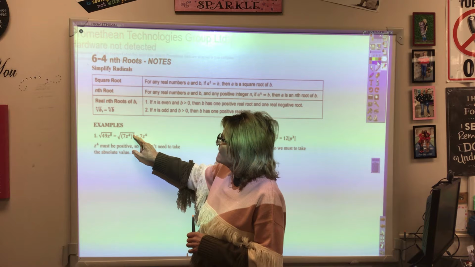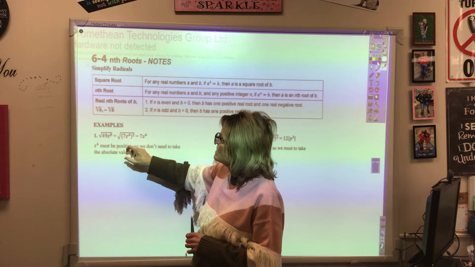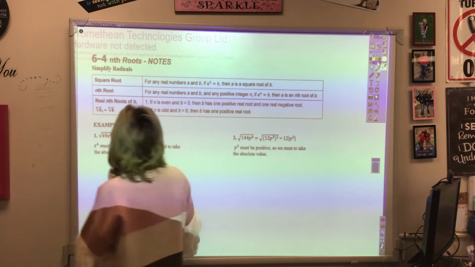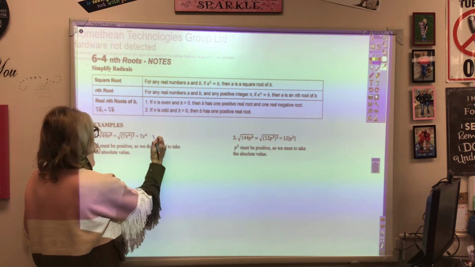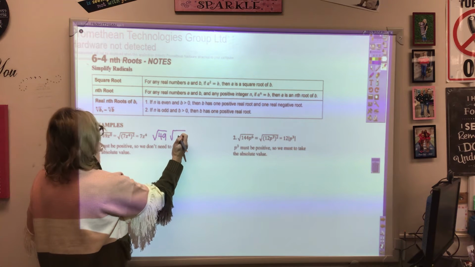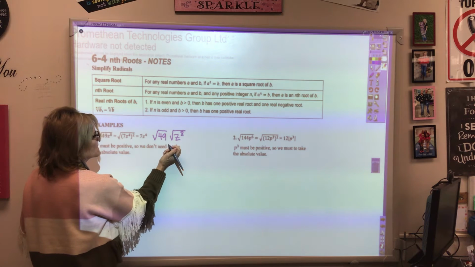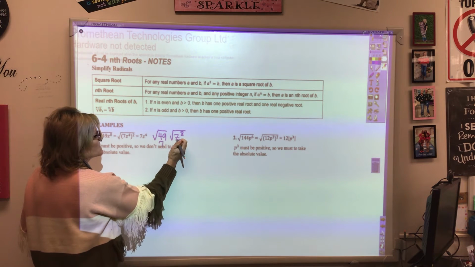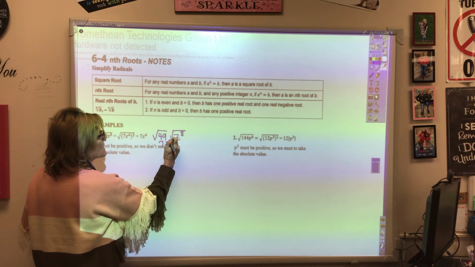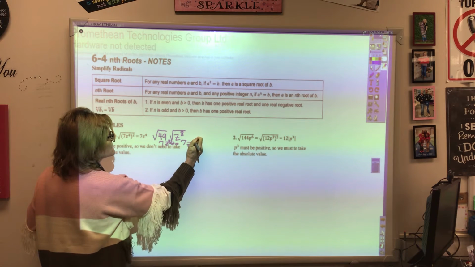And then they took the square root, which just means you divide the power by 2, so it gives you 7z to the 4th. I would have said you could do it like this. You could have done the square root of 49, the square root of z to the 8th. Well, the square root of 49 is 7, and for z to the 8th, the square root just means you take 8 divided by 2, which would give you 7z to the 4th.